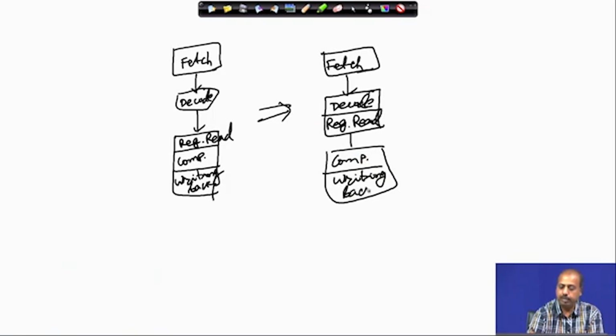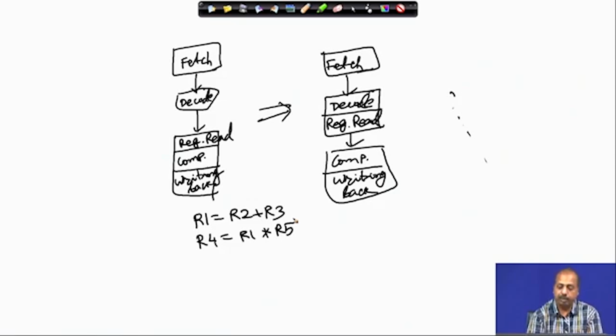Now, you can understand the problem, because suppose I have an instruction like R1 equal to R2 plus R3, and the second instruction is R4 equal to R1 into R5.